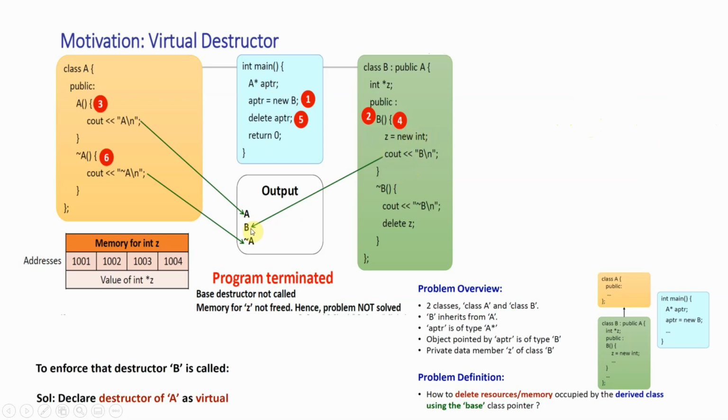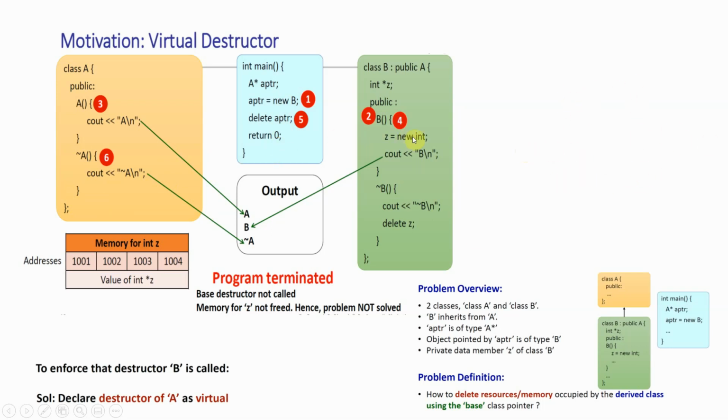Then in the next line, it says delete aptr. aptr is pointing to an object of class B, but because aptr is of type A star, it's going to call the member function of class A. This is early binding. We are deleting this object through aptr. So it's going to delete that object.